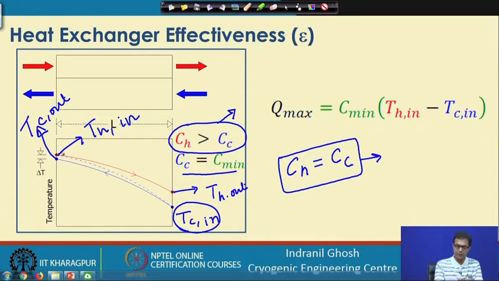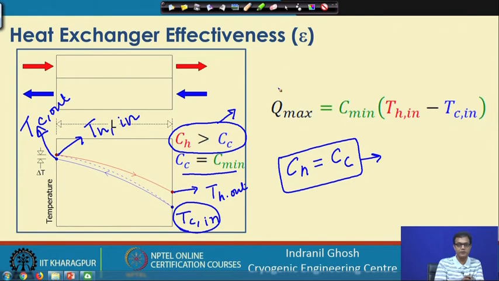But please remember that this is only valid under certain conditions: there is no external heat leak, there is no axial conduction of heat, and there is an infinite amount of heat transfer surface area involved in the process.